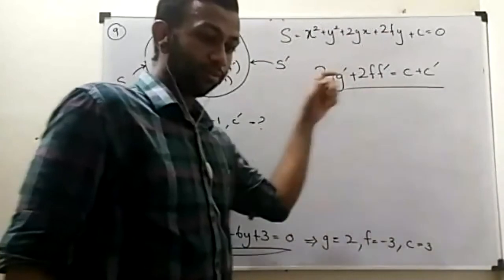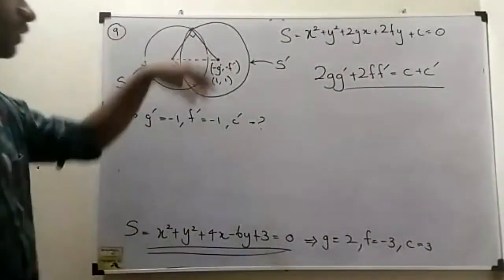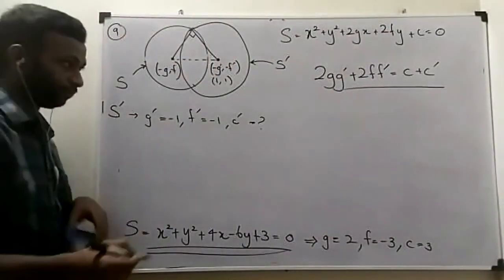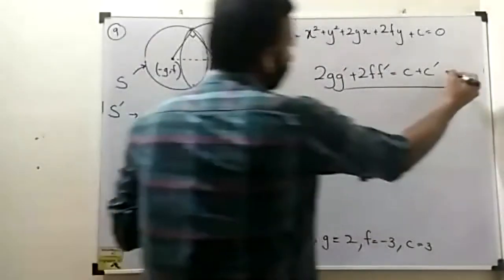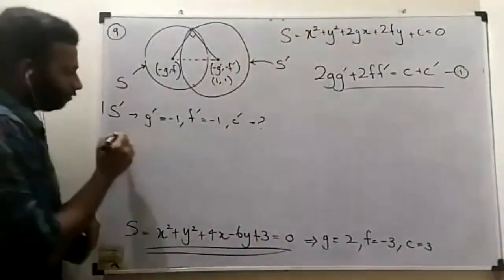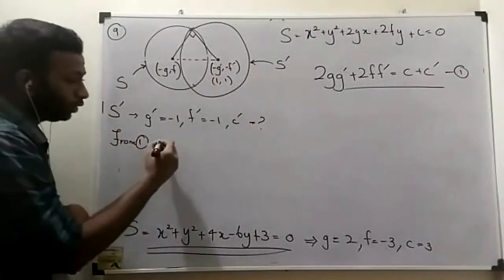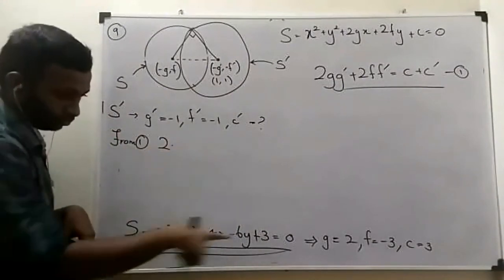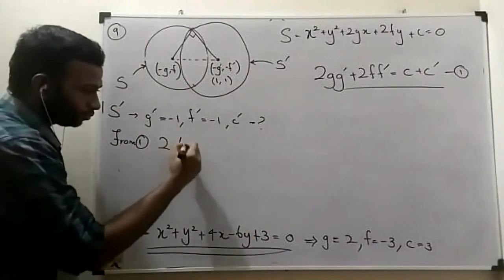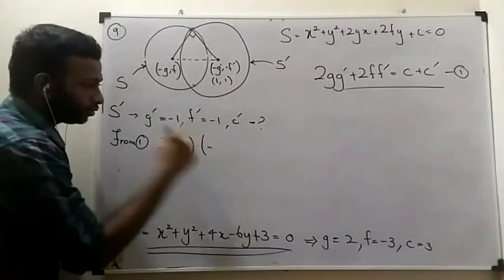From this equation. Because we have already been told that these two circles intersect each other orthogonally. So let's call it 1. So from 1, we substitute: 2 times, what is g? 2. What is g dash? Minus 1.